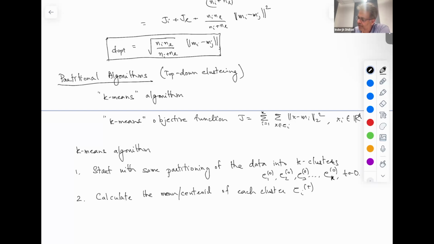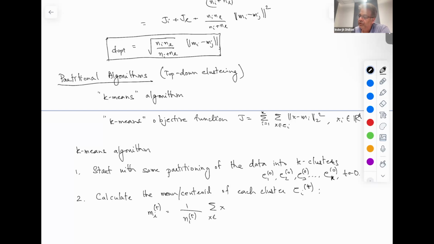So I have clusters at iteration t, and I compute the mean of the ith cluster, with superscript t: mi^t equals 1 divided by Ni^t, times the summation over x belonging to Ci^t of x.